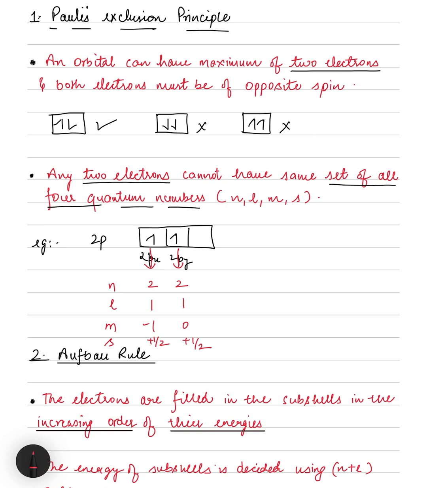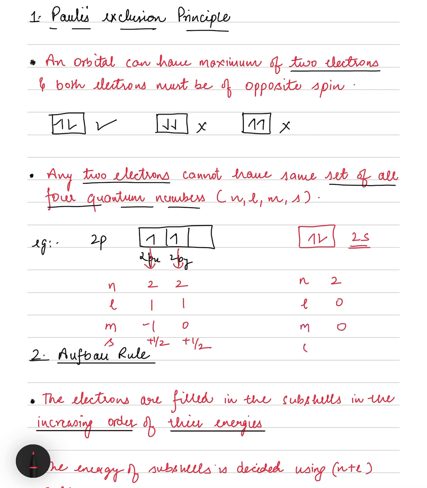Similarly, let's say 2 electrons are present in the same orbital, and let's say this is 2s. We know the s subshell has only 1 orbital. Now for these 2 electrons, the value of n is what? It is 2, right? Similarly, the value of l for both electrons is 0. The value of m for both these electrons is 0.